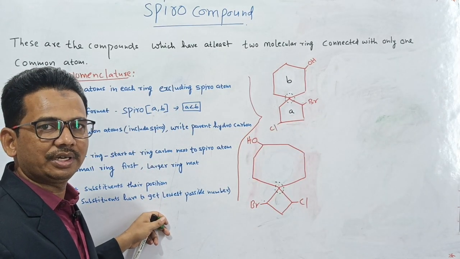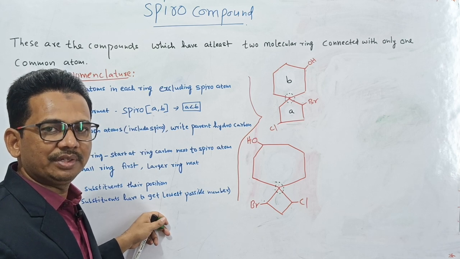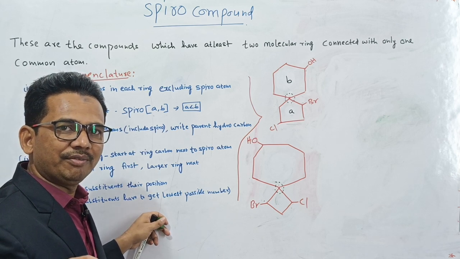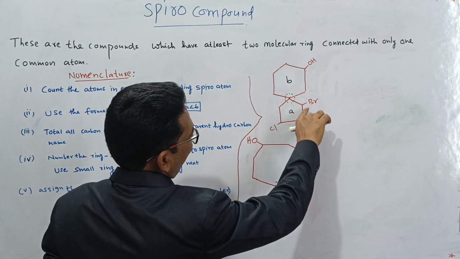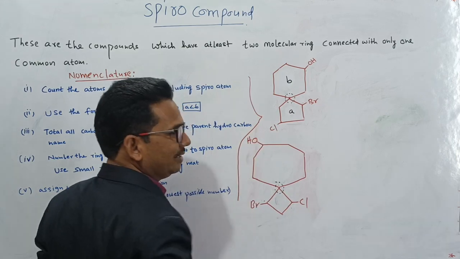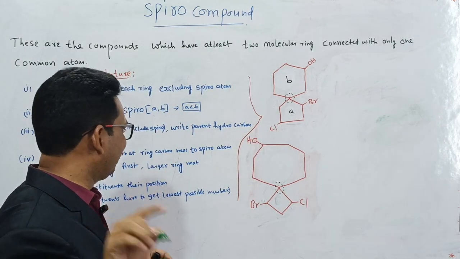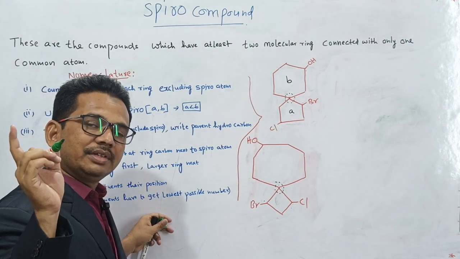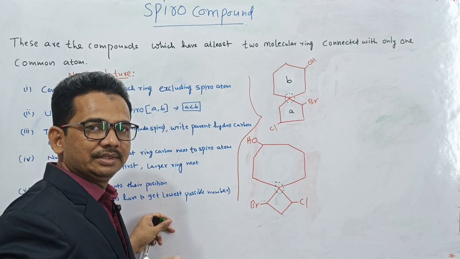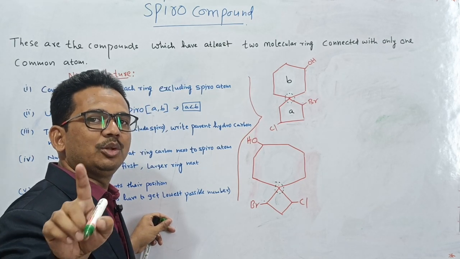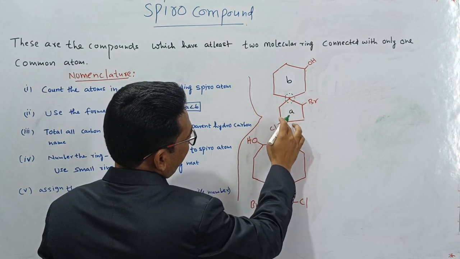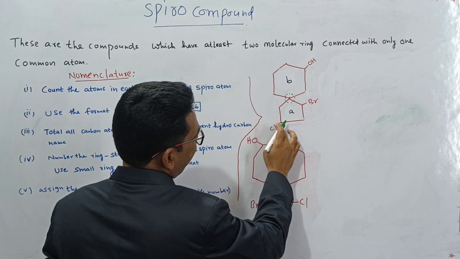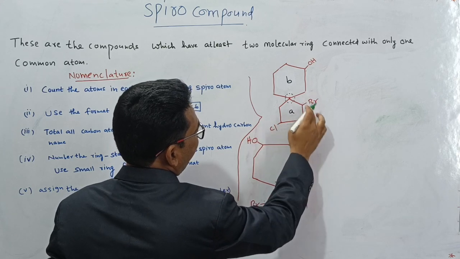The one which has fewer atoms, we give the numbering for that first. I hope you understand. See, which side do I have to give now, from this side or this side? Then another rule we studied: the substituent should get the lowest number. If I give from this side, 1, 2, this is getting second, 3, 4, so 2 and 4.